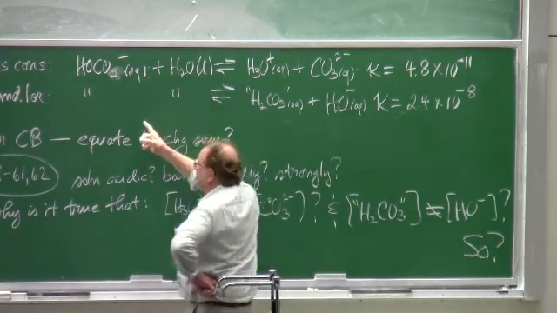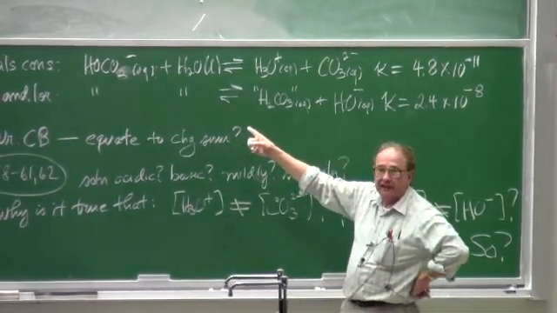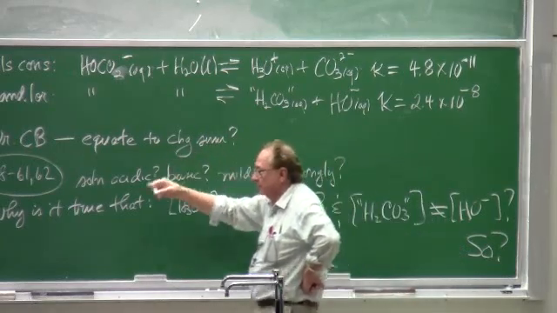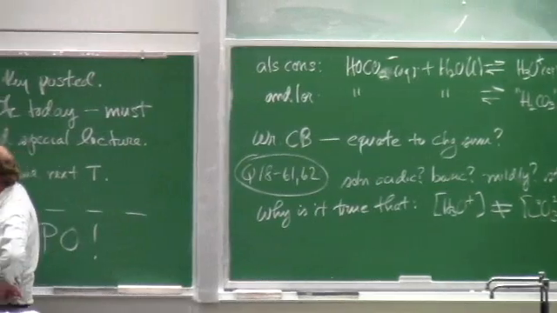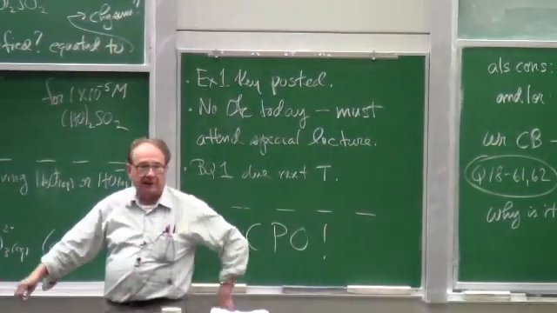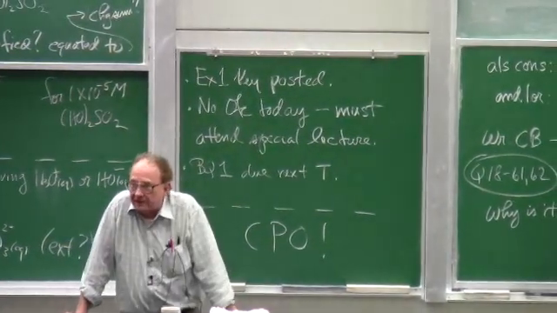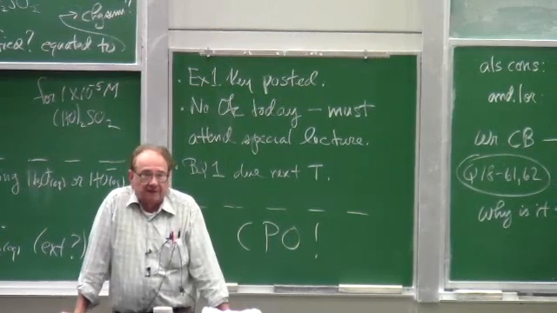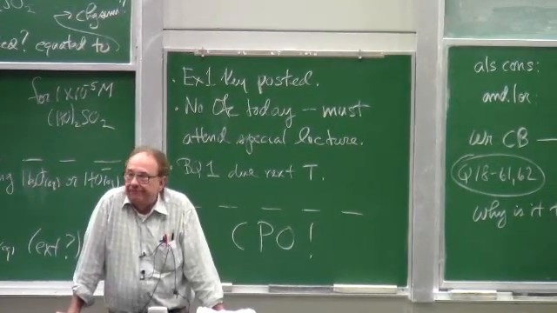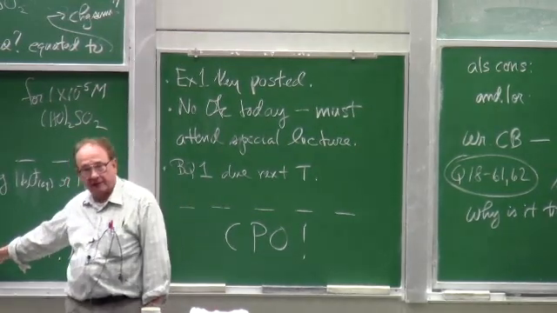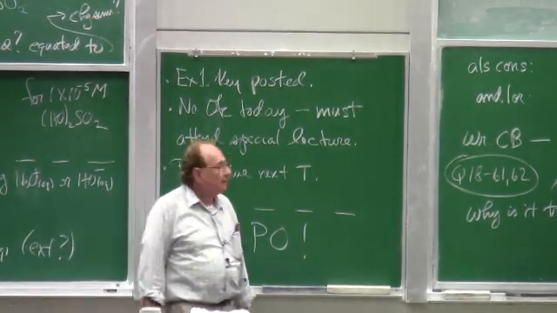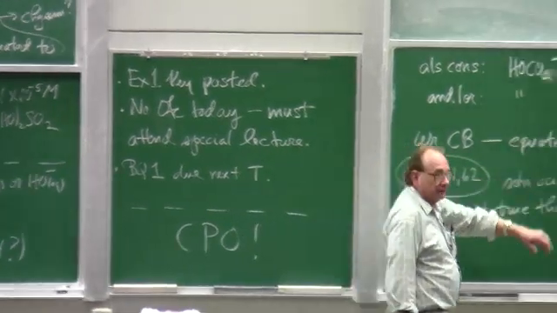So how does the extent of this reaction, showing bicarb ion reacting with water as a Bronsted base, compare to the extent of this reaction, where we see bicarb ion reacting as a Bronsted acid as well as a Bronsted base? If I calculate the K value for this reaction, how must it compare to 2.4 times 10 to the minus 8?